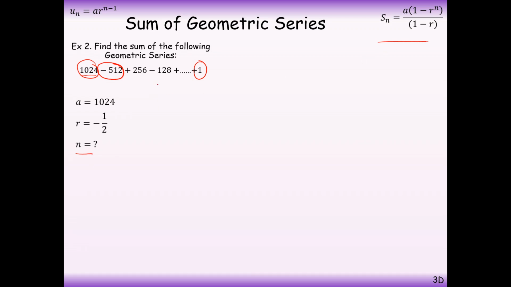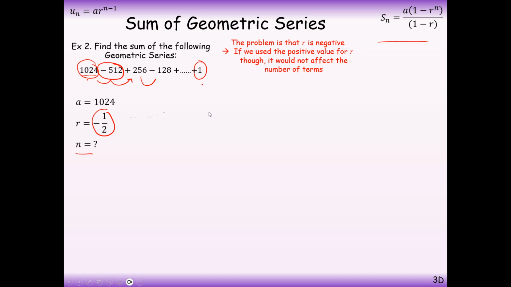So, we say, how many divisions does it take to get 1024 to 1? We know that the common ratio is a negative half. We can just simply use a half ratio. Now, we do need to use the nth term formula and work backwards to figure out the value of n. But that involves taking logarithm of r.